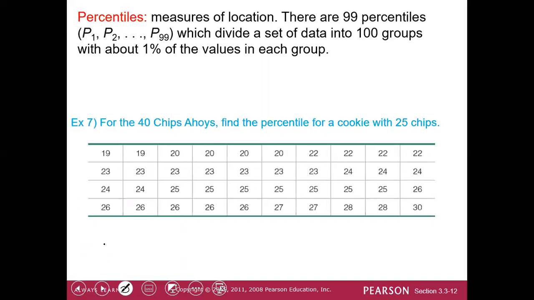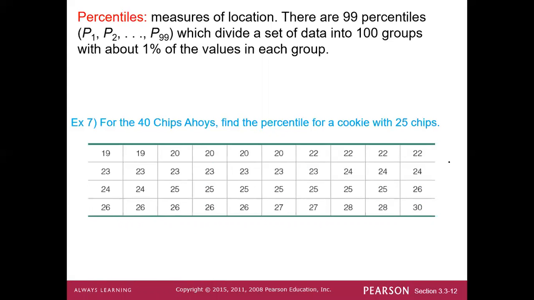So if I say you're in the 90th percentile, that does not mean you got a 90%. It just means you did better than 90% of students. You probably saw percentiles when you looked at your ACT or SAT scores. A higher percentile means you did better than that percentage of people.